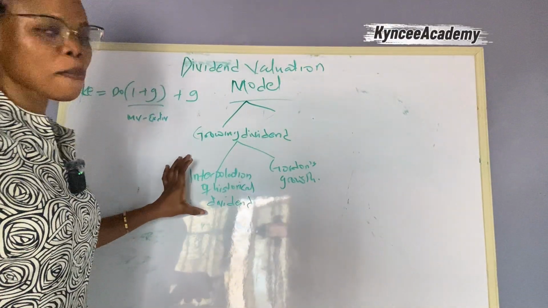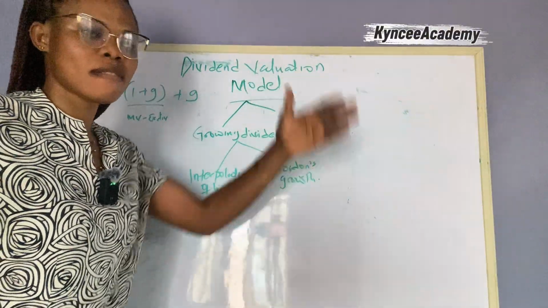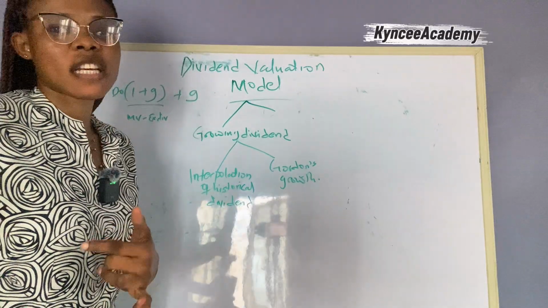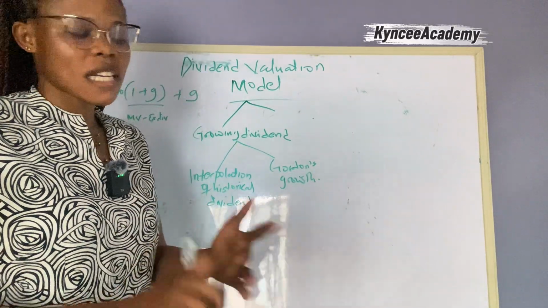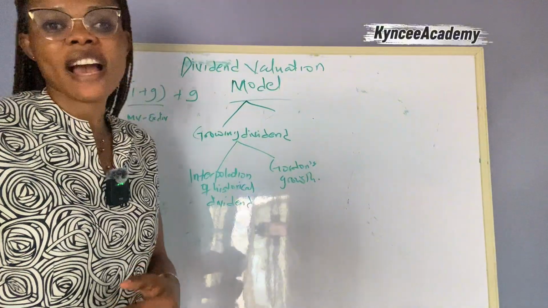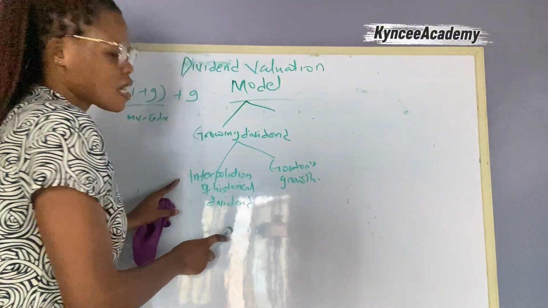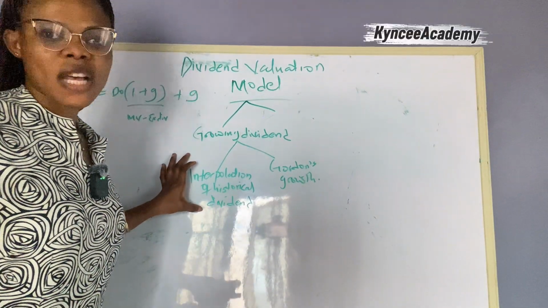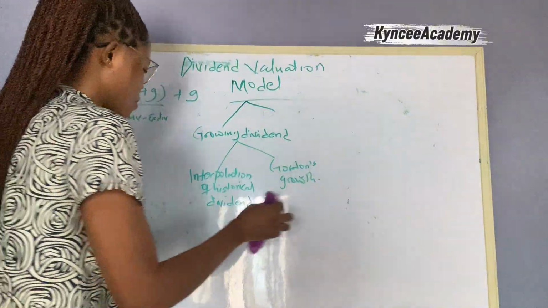This interpolation is when the dividend percentage is given in numbers. Maybe in 2023 it was a 10% dividend they paid out, in 2024, 12%, in 2025, 15%. Just like that. That's when we are going to use the interpolation method. So this is the method we are going to solve a question on first so that you understand. Let's solve a question on the interpolation method.